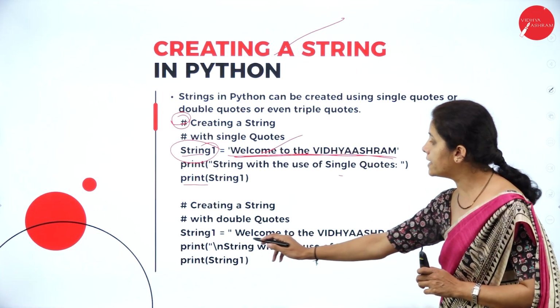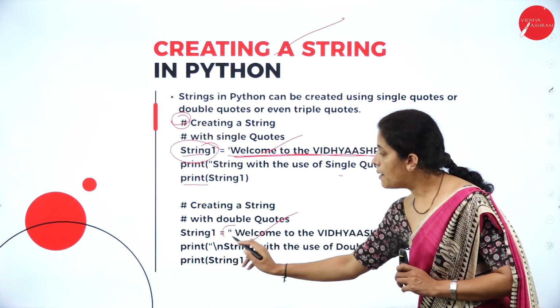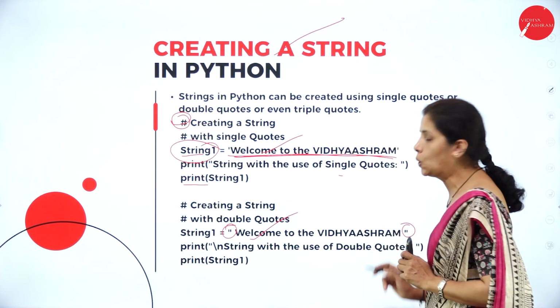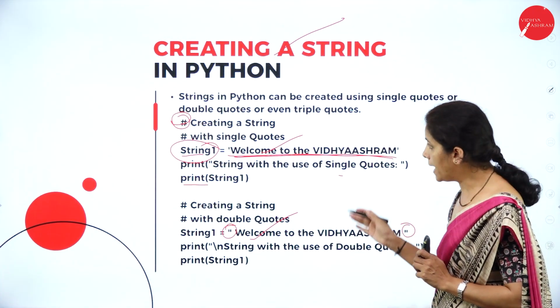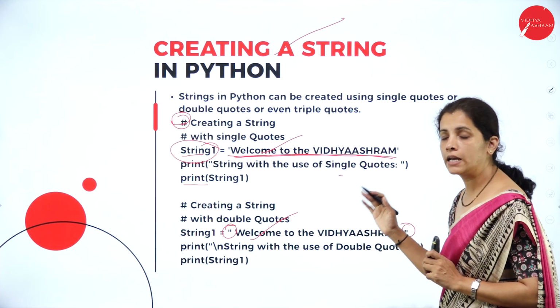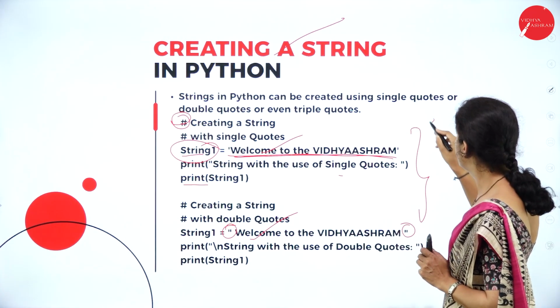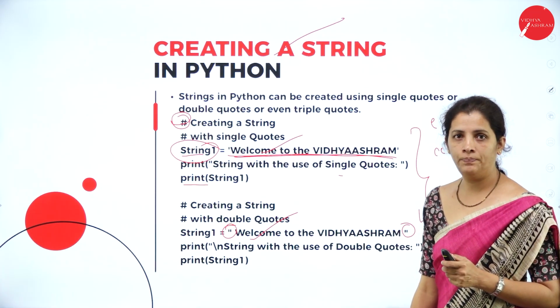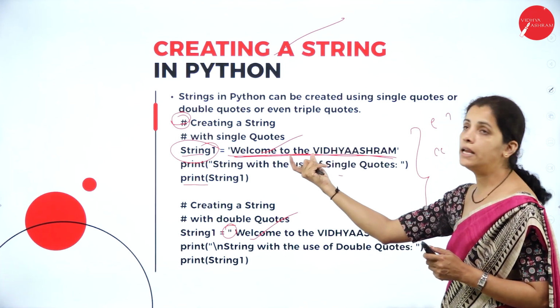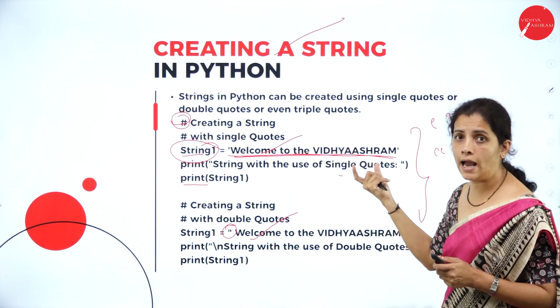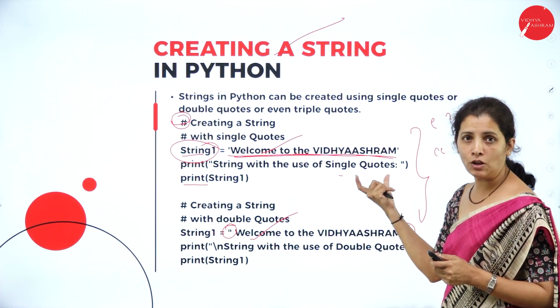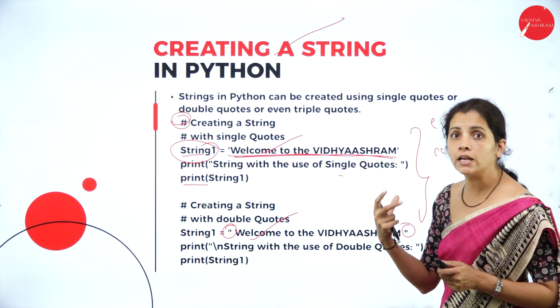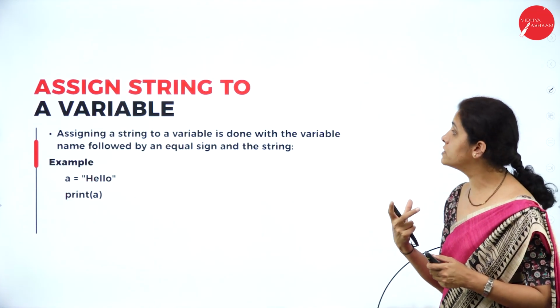And if I take this example, see, I'm using double quote. Now, in Python, string can be created by using single quote and by using double quote. And see here, how many lines I have? Only one line. But in Python, I can create multiple lines of string.